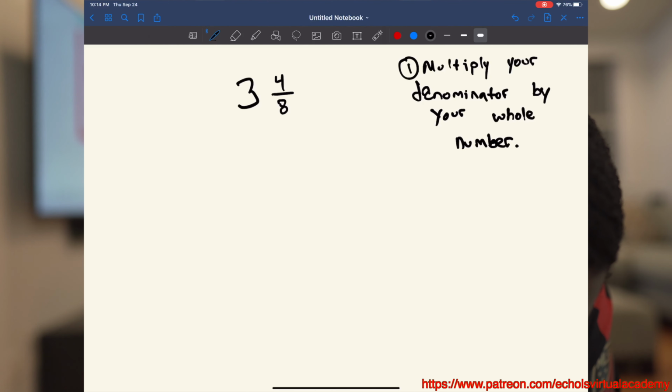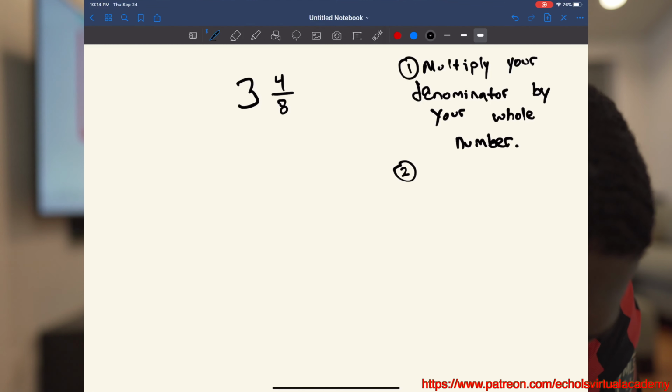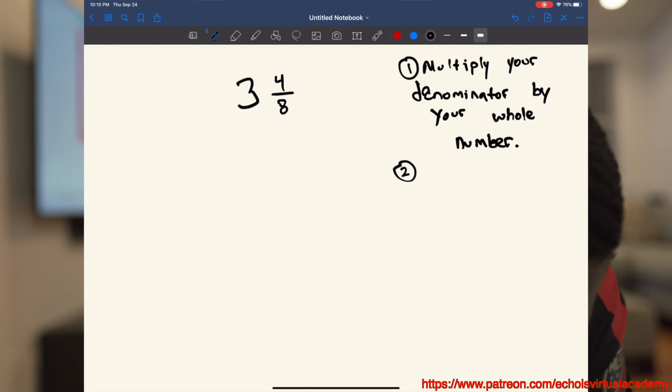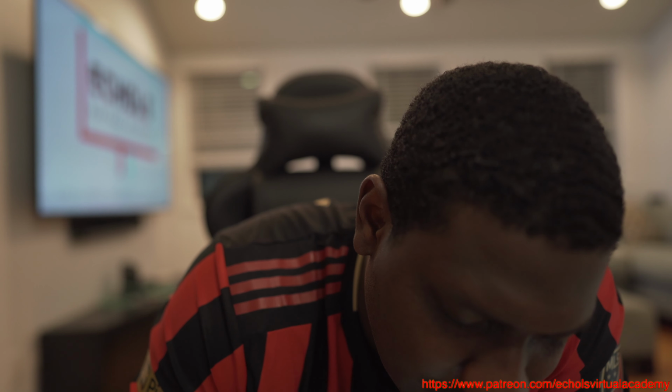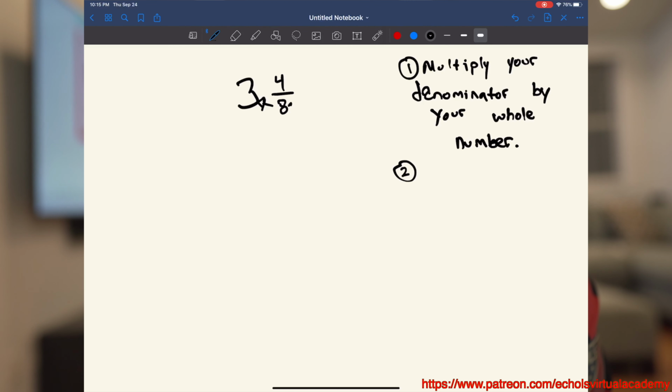That's the first step. So we multiply our denominator 8 by 3. So 8 times 3 gives us 24.